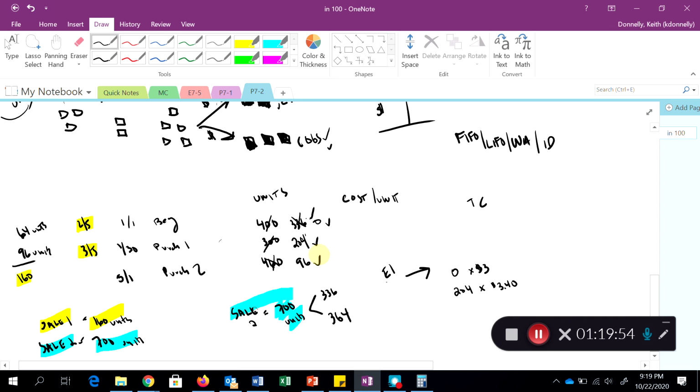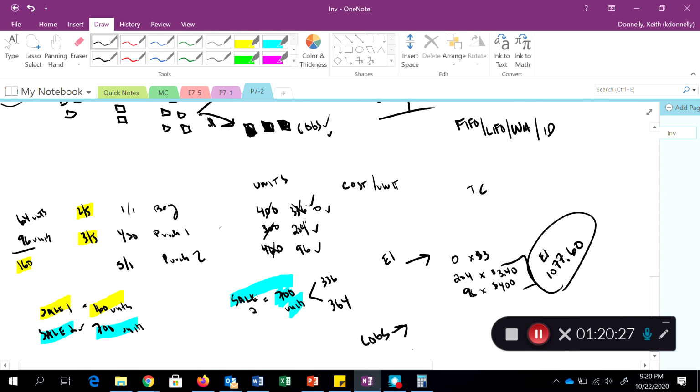And then we have 96 units that cost us $4. The total of all of that, 204 times 340, 96 times 400, ending inventory is 1,077.60.